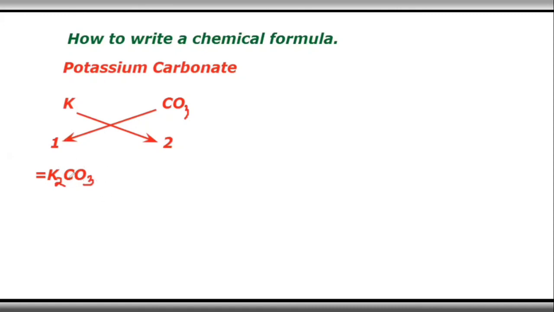But instead of 1, if there is another factor, then we may use a bracket with the CO3. But in this case, we need not use the bracket. So this is all about how to write a chemical formula.